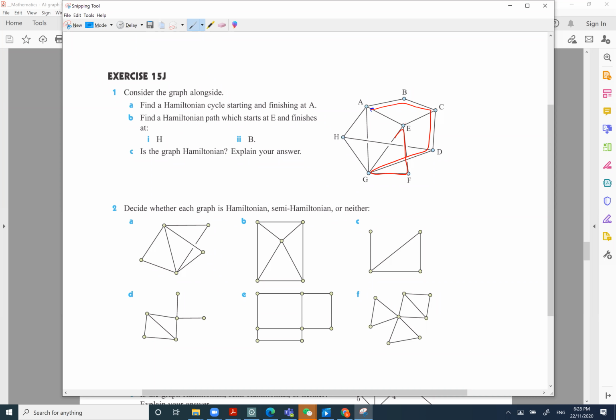No, not right. We need to travel the vertex just once.